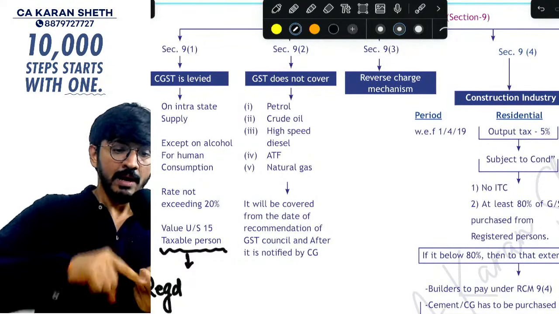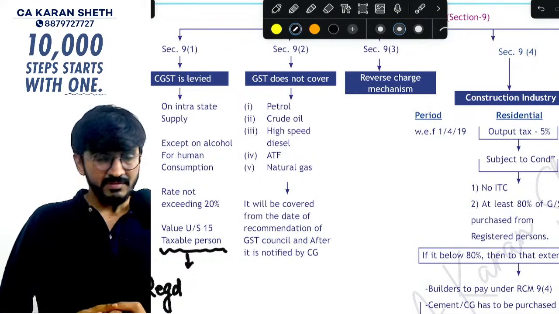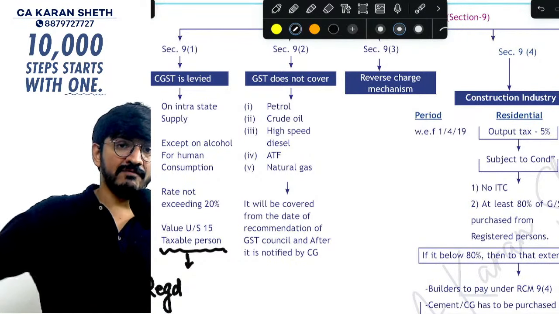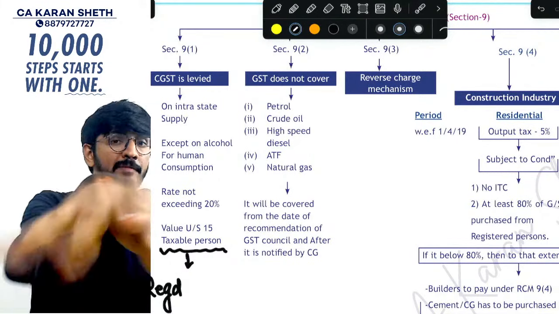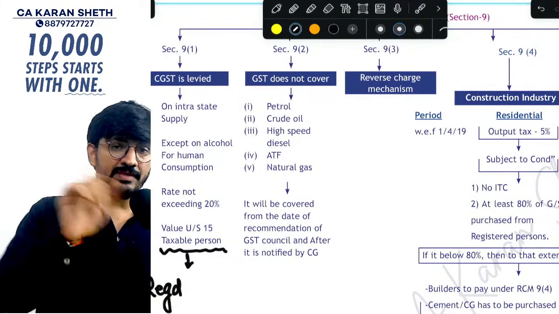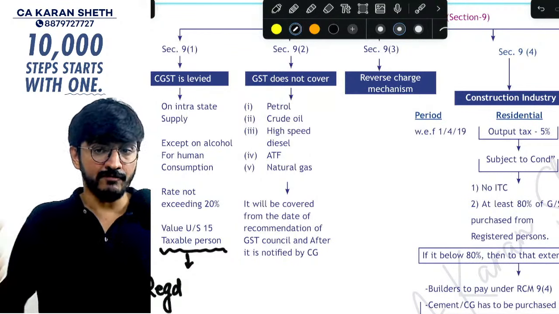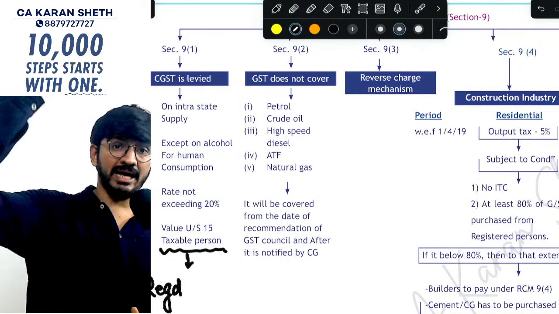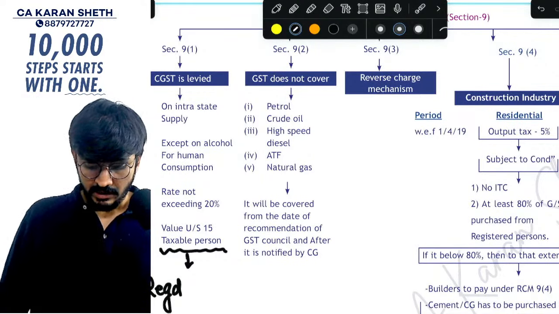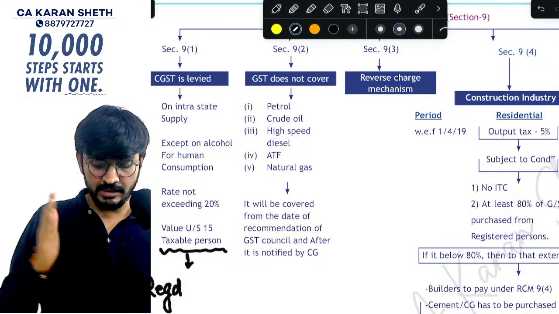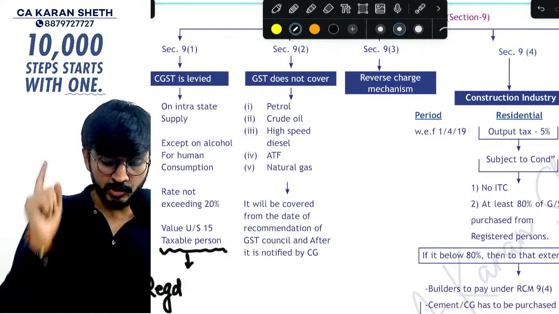Crude, petrol and high speed diesel, natural gas, and ATF, aviation turbine fuel, on which aircraft function. These 5 products are outside the purview of GST. That is what 9(2) says.